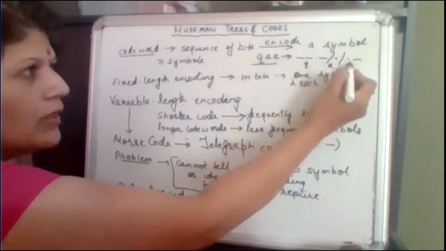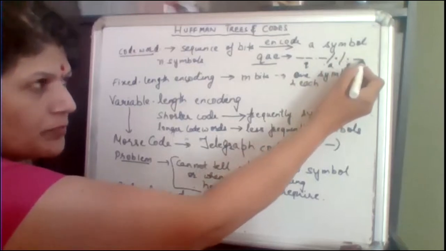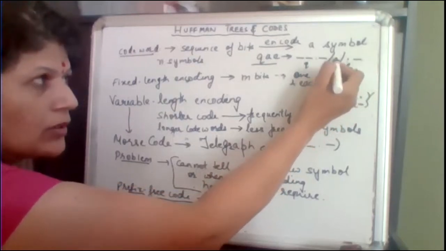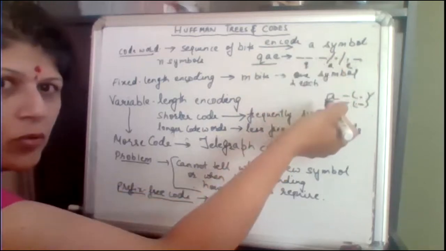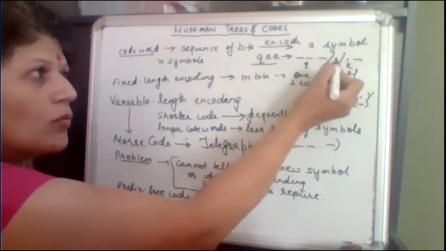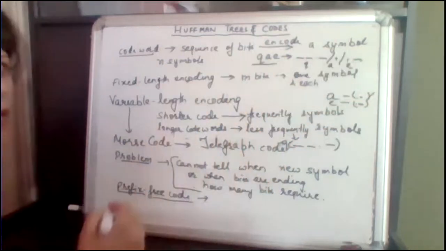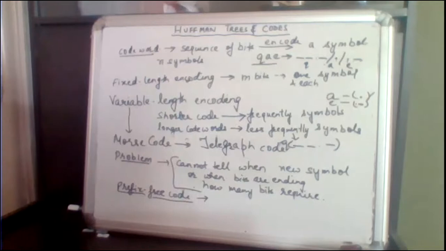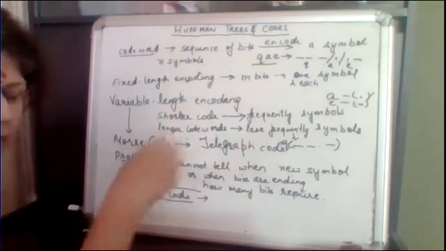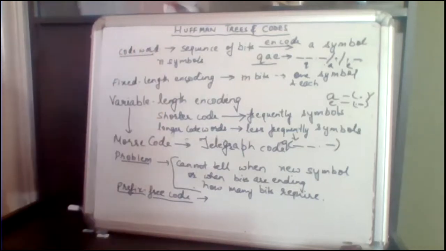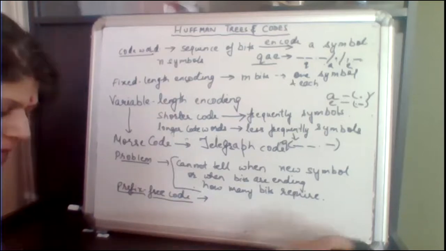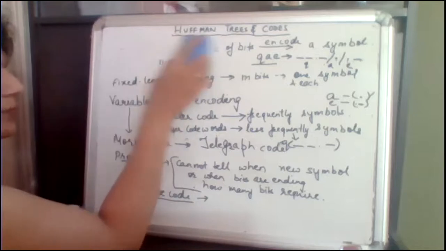Here we have a dot and this, whereas this is a dot, so dot becomes a prefix to this. We should not have code words where one code word is a prefix of another. I hope it becomes clear what we mean by prefix free code. And Huffman suggested a binary prefix code for the alphabets. So let's see what it includes.